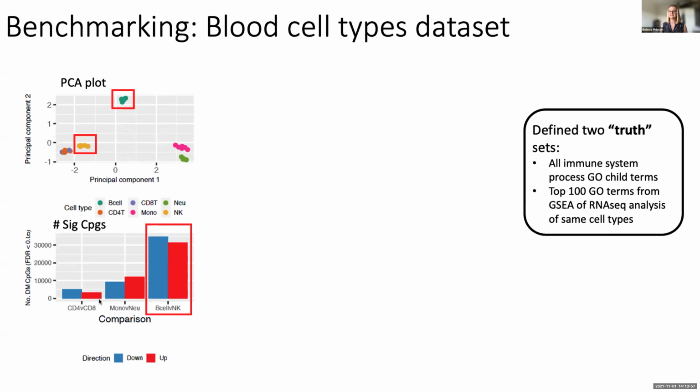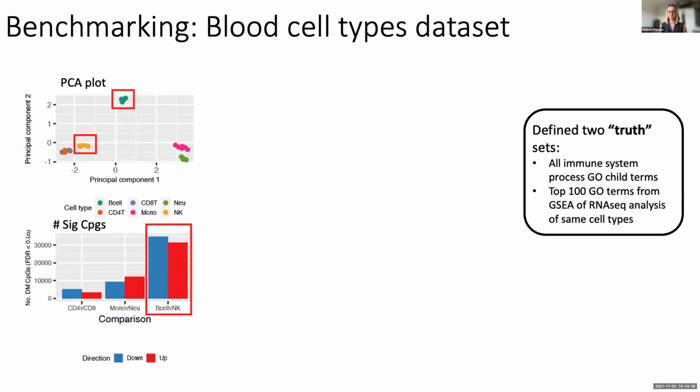CD4 versus CD8 has the smallest number of significant CpGs, and B cell versus NK cells has the most. For the purpose of this talk, I'm just going to focus on the B cell versus NK cell results, but in the paper we have everything and another data set in there. Now the issue when you've got real data is, how do you know what's true?